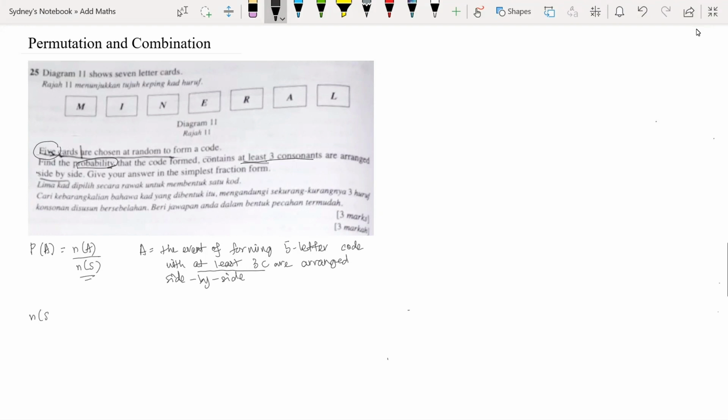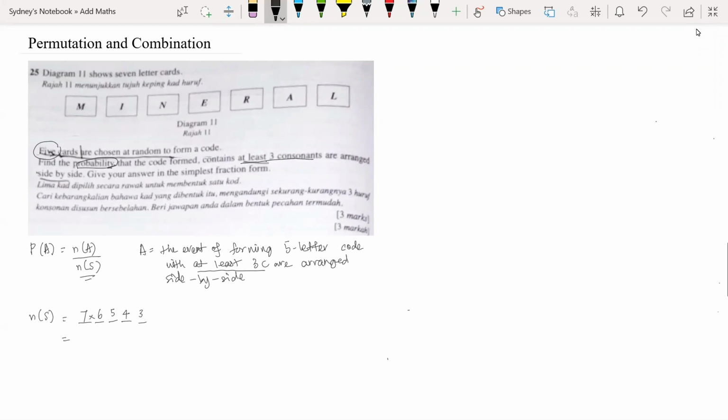That means the total outcome. The total outcome is basically all the 5-letter codes that we can form without any restriction. We have 7 letters, so 7 choices to fill the first empty space, followed by 6 choices, 5 choices for the third empty space, 4 choices, and then 3 choices.